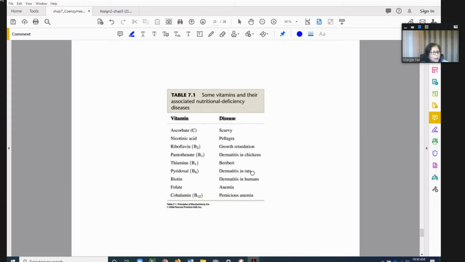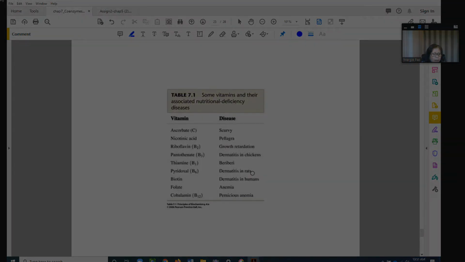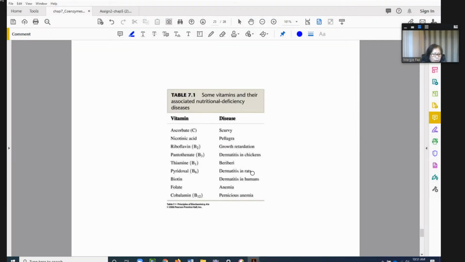I just included this table here, which provides an overview of the vitamins. These vitamins are water-soluble vitamins, so they may be readily excreted in the urine, and they are required daily in small amounts.